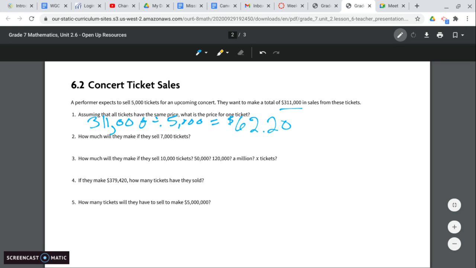Based on that, how much will they make if they sell 7,000 tickets? So we take the 62.20 times 7,000, and we're going to get $435,000. A lot of money.